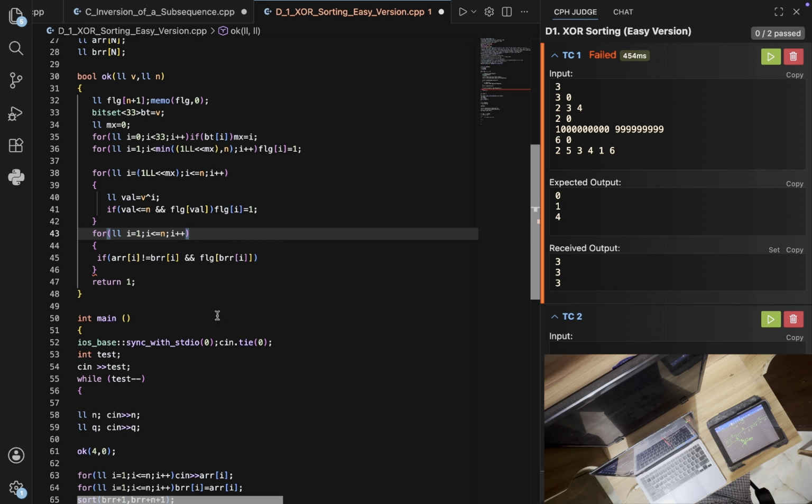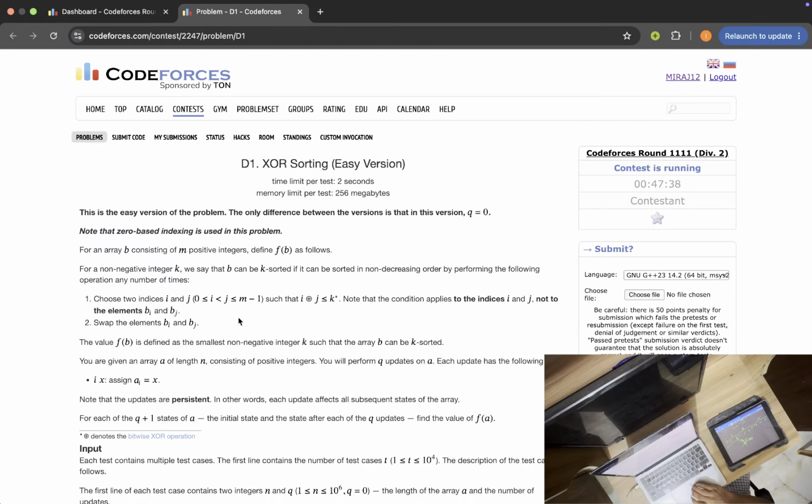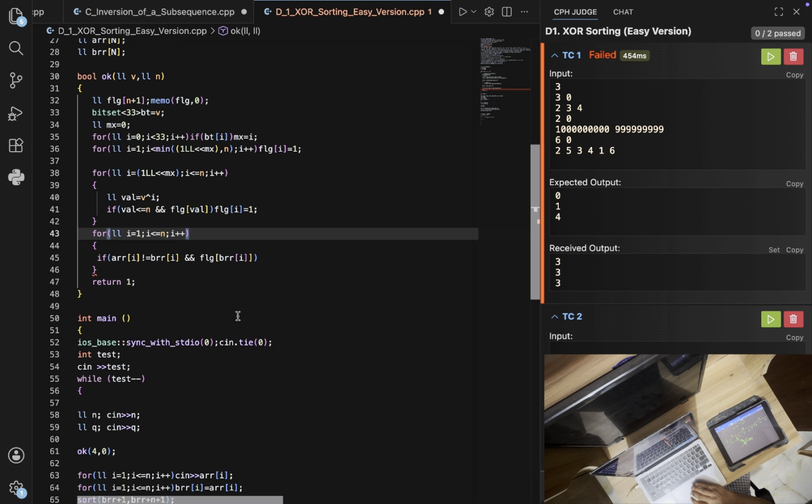Position is marked. So 10 to 6, 7, 8, yeah. I just marked the position, okay. Those positions can be swapped, okay.